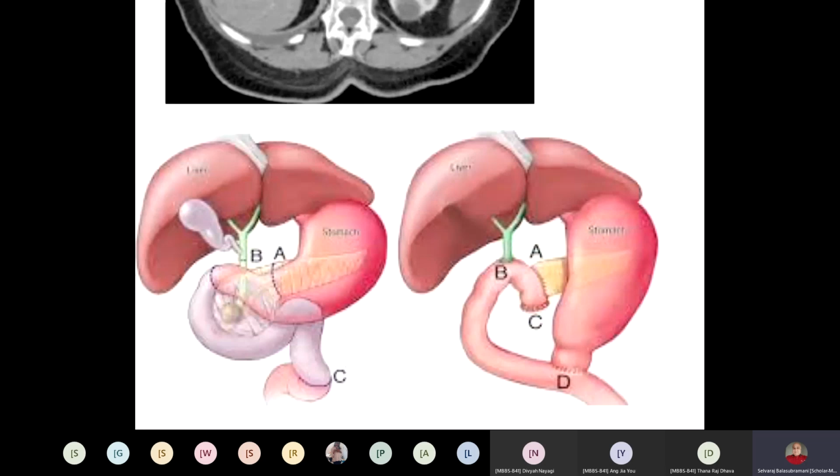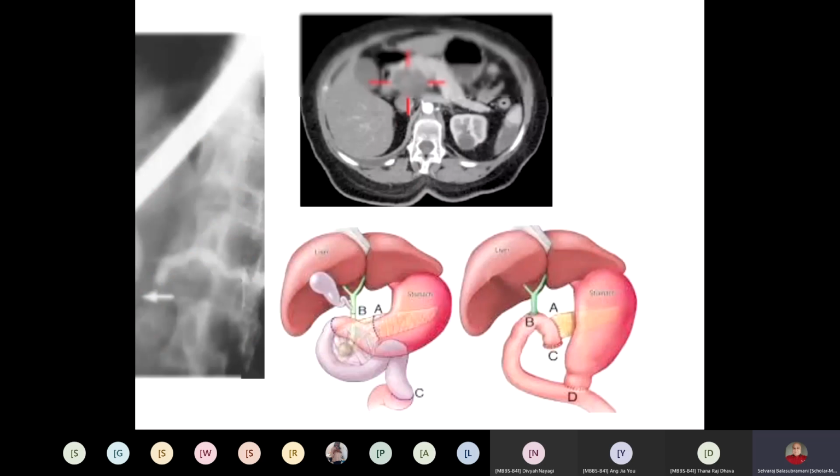You have to do cholecystojejunostomy, gastrojejunostomy and then jejunojejunostomy also. This is called a palliative triple bypass. If your patient has an inoperable tumor, then you have to do that. If it is operable, better you go for the Whipple's operation or pancreaticoduodenectomy.